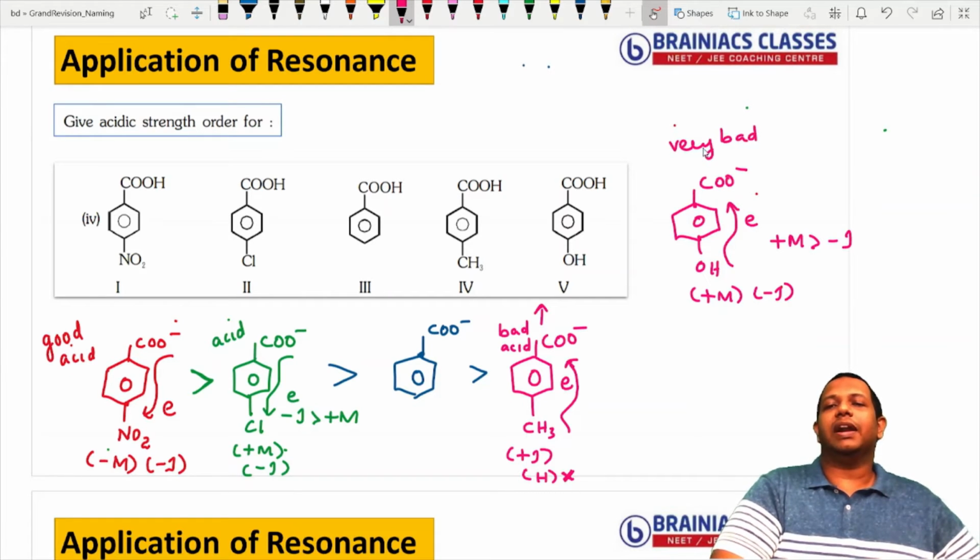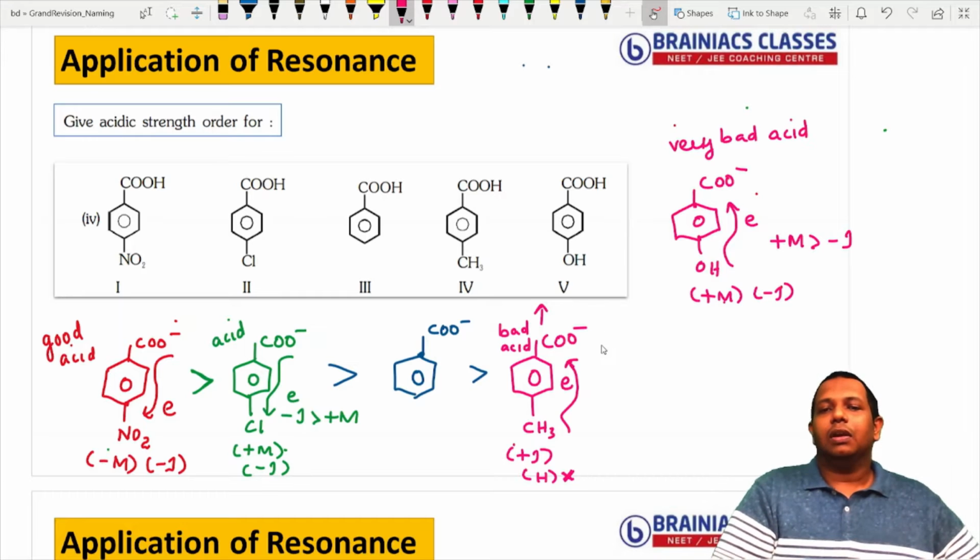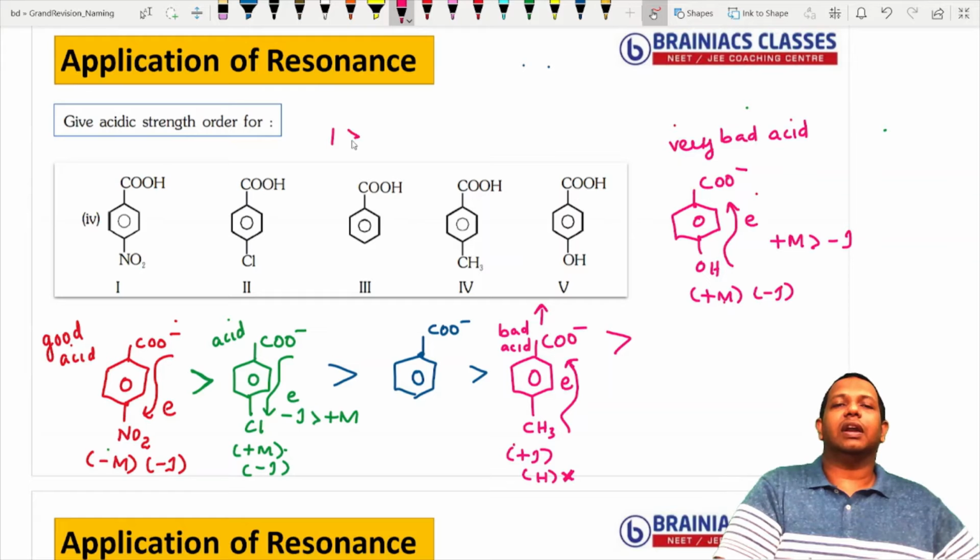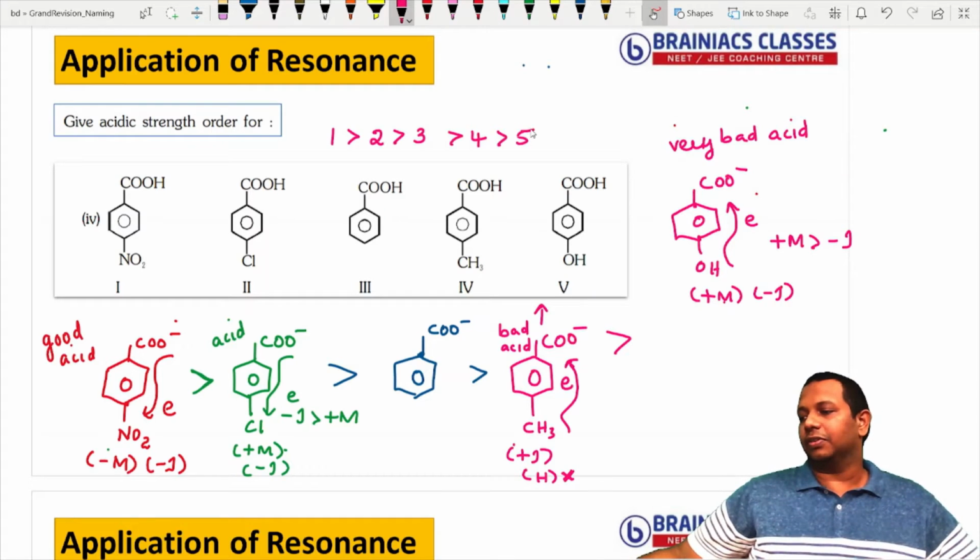Why a very bad acid? Because plus M is making it unstable. Always plus M has the high effect. So the effective answer will be 1 greater than 2, greater than 3, greater than 4, and greater than 5. This should be the answer for this question.